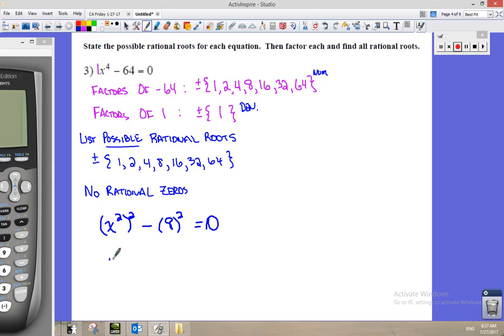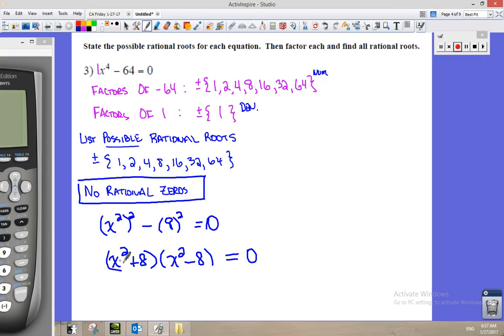So I have x squared plus 8 times x squared minus 8. I agree with this now that I see it in factored form, because x squared plus 8 doesn't provide any real roots. They would be imaginary, because we would have to go to the set of imaginary numbers for x squared to be a negative number.